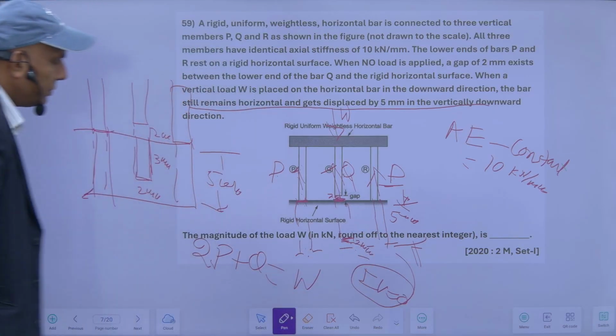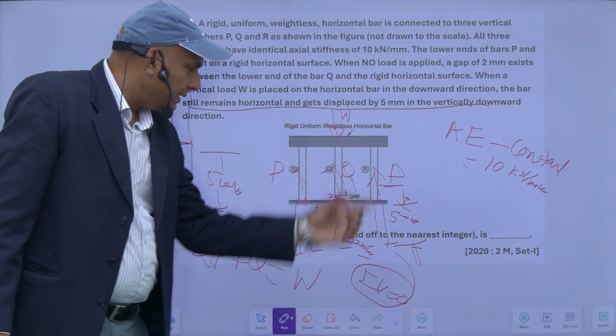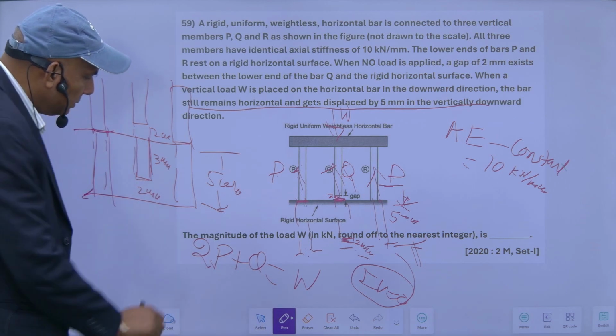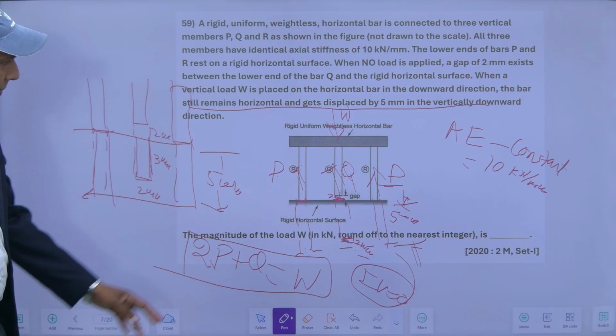Sigma V is equal to 0 means the force in this P and this P plus this Q is equal to W. So this is equation number 1.